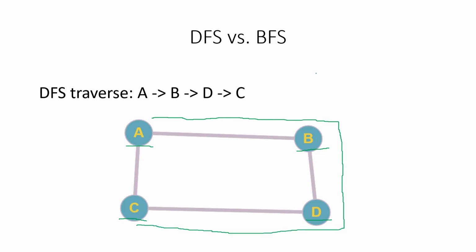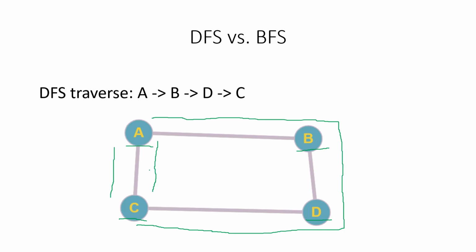Actually, it's not the shortest path, of course. It may go directly to C, but if you go in alphabetical order, the DFS would find the path in this way. But actually, the shortest path would be this, right? Using just one edge.